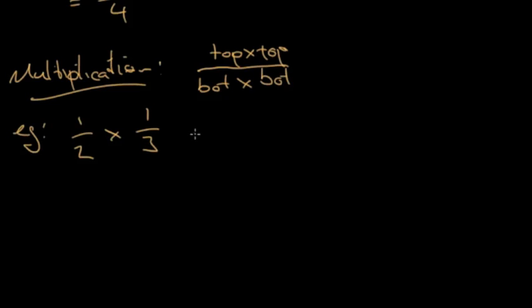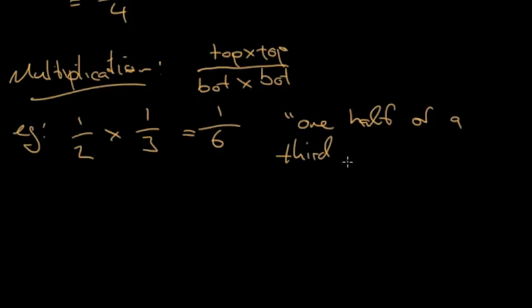So our top times top is 1, and our bottom times bottom is 6. So we've just got 1 over 6. In words, we could think of this example as 1/2 of a third is a sixth.